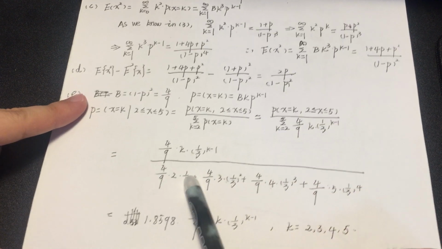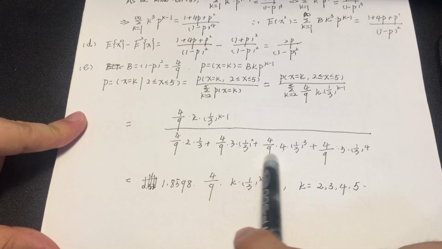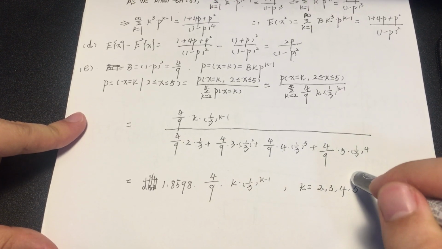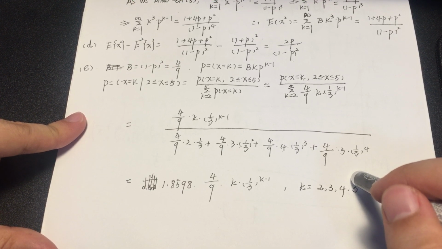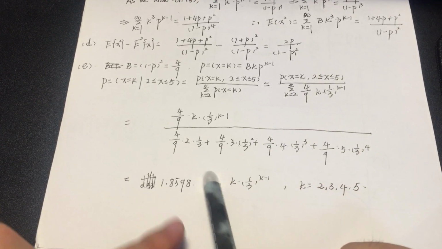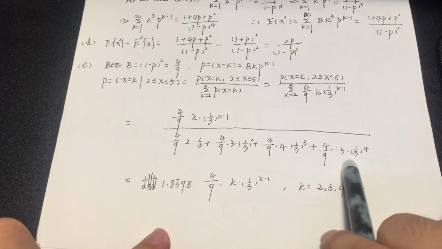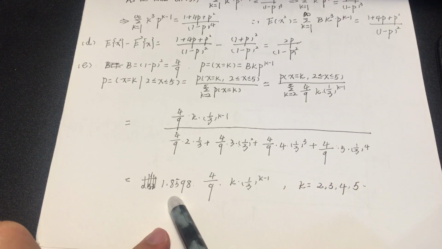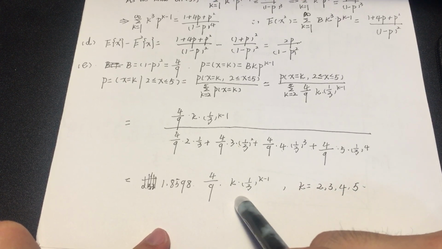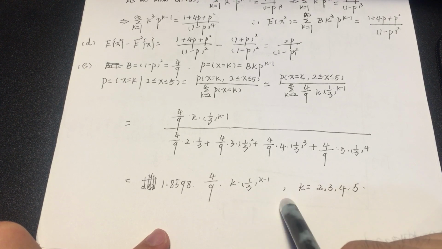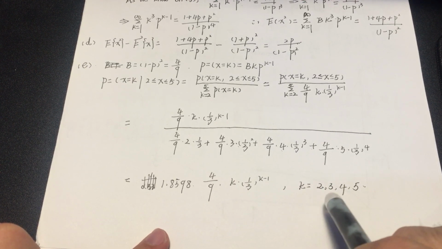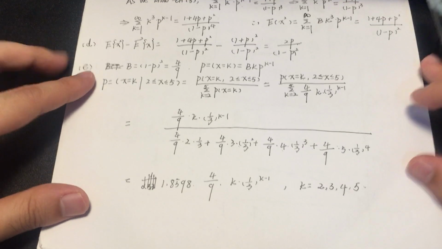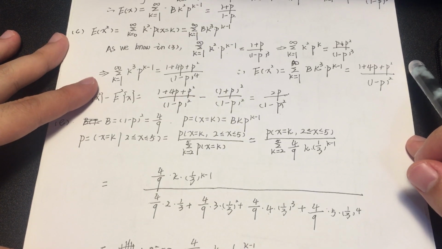So we just write this equation. Then we calculate the polynomial, which equals this number, and the result can be written as this, for k equals 2, 3, 4, and 5. So this is the first question.